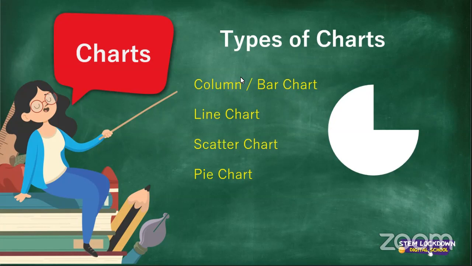Well, the good thing is in Excel, you just need the data and it will create the perfect pie chart for you. So those are some of the types. The list is not exhaustive, but for the purposes of this lesson, we're just going to look at maybe 3 of those. But there are quite a lot, as I'll show you on the spreadsheet, so many types that you can use depending on how you want to display the data.